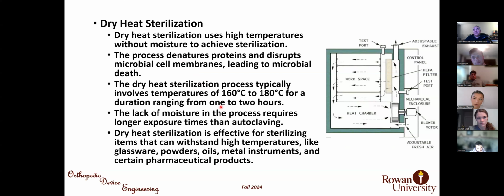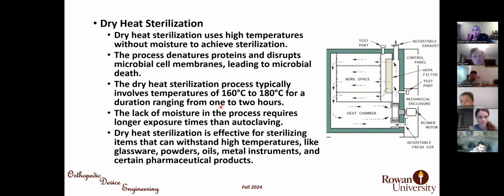So if you have plastic, if you have very small glasses, if you have electronic devices, for example, a drill or an electrical saw, you cannot use these techniques for sterilizing them because they have plastic parts and they will be destroyed.